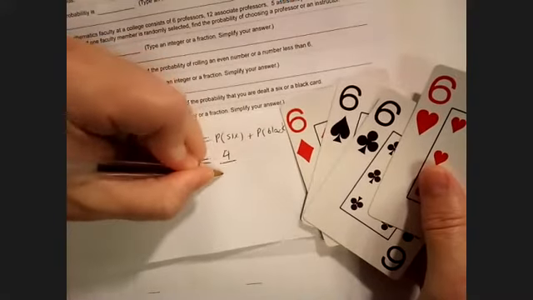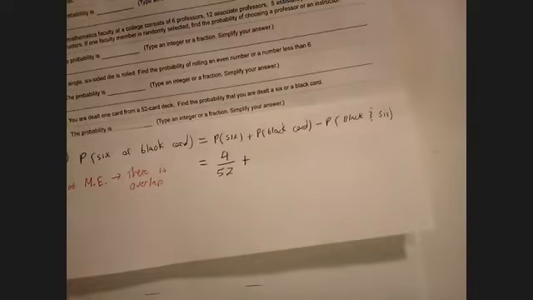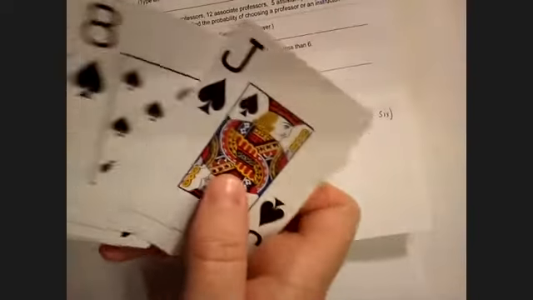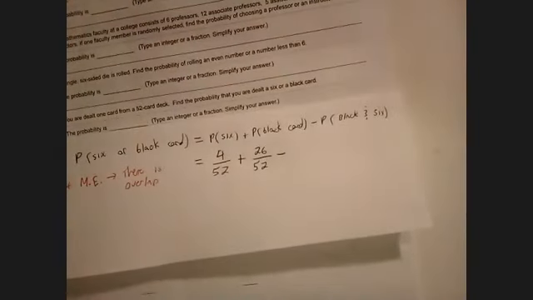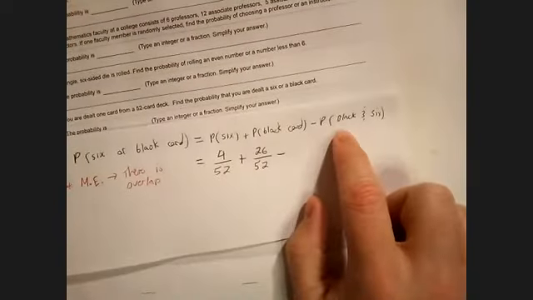All right, probability of a 6. There are 4 6s in a deck of 52. Half the deck is black, so there are 26 black cards. But how many cards are black and 6?